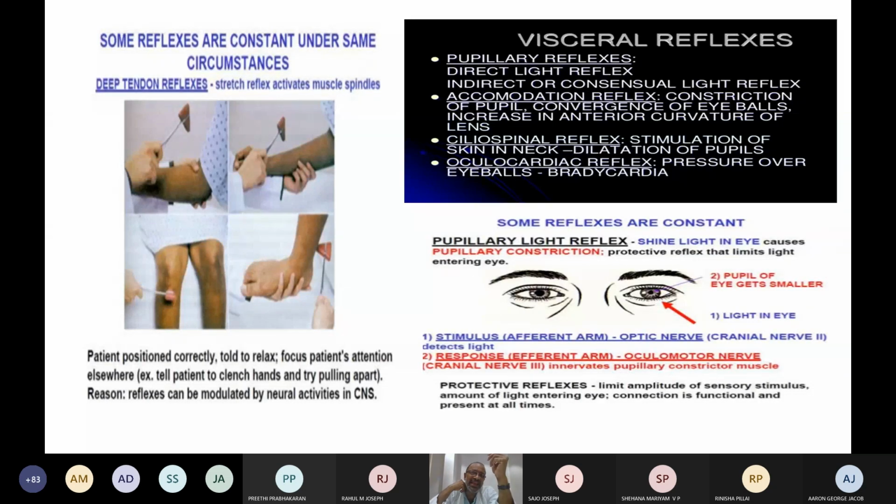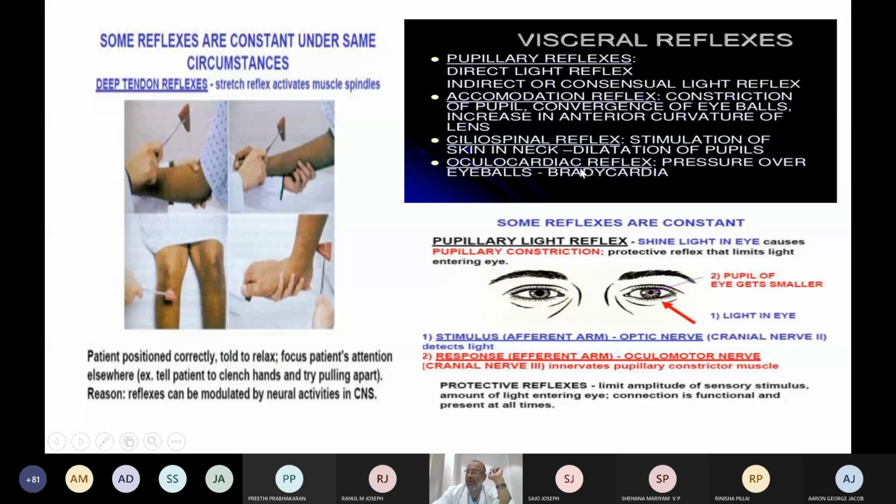You are going to see the response on the same side. In the pupil there will be dilatation, mydriasis. Constriction is miosis. So understood, this is mydriasis, reflex dilatation of the pupil.